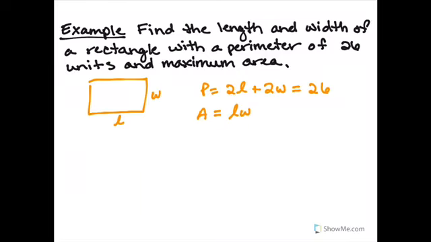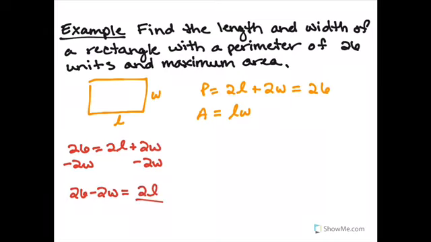So we need to solve for a variable, and I'm going to go with, let's solve for L. So I'm going to subtract 2W from both sides. I get 26 minus 2W equals 2L.